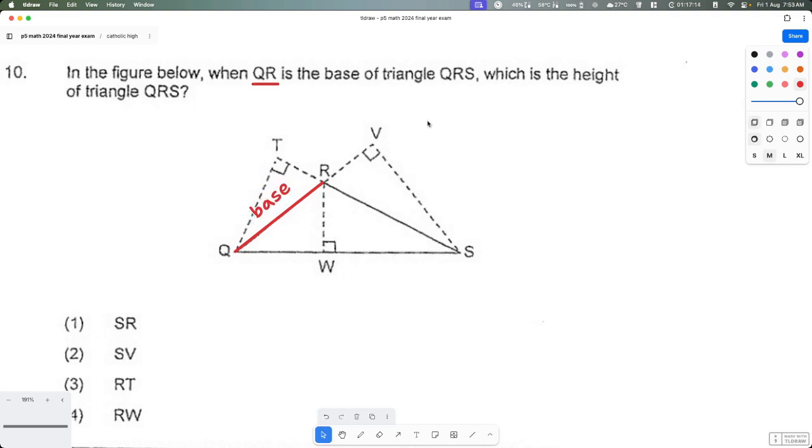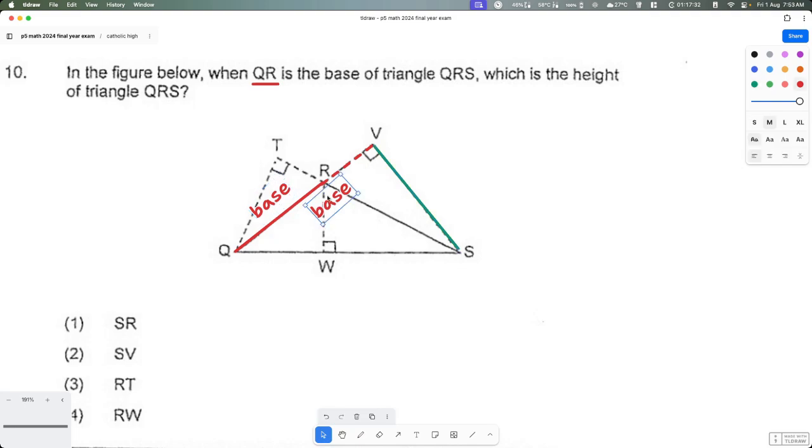In this case, the base is the solid line, but it's still connected to V, which I'm going to put here. So the height should be the corresponding thing over here. I'm going to put this as green color.